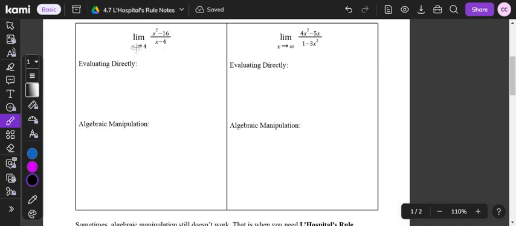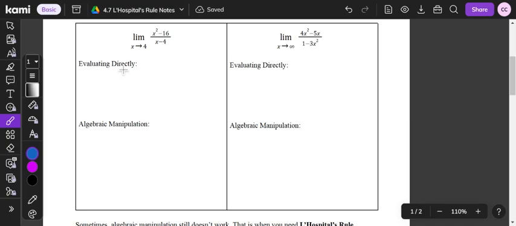So we have the limit as x approaches 4 of x squared minus 16 over x minus 4. And then we've got this infinite one over here, the limit as x approaches infinity of 4x squared minus 5x over 1 minus 3x squared. All right, so with indeterminate forms, remember they pop up whenever we try and plug in the limit value directly into the equation.